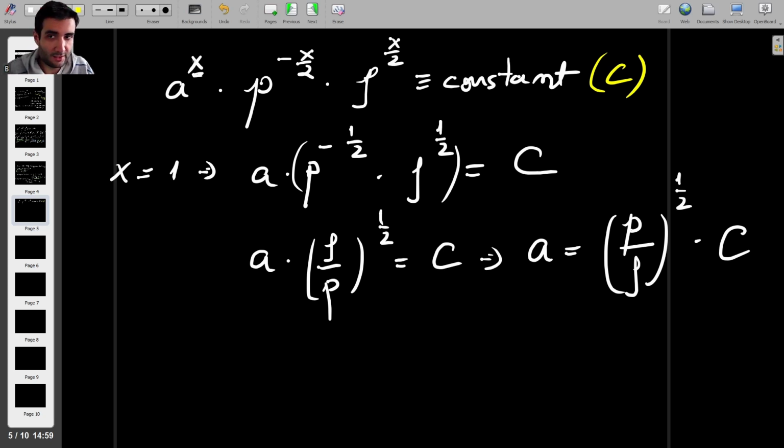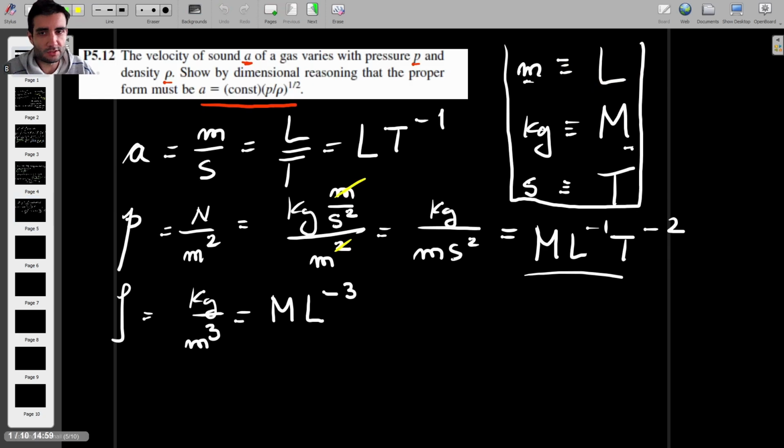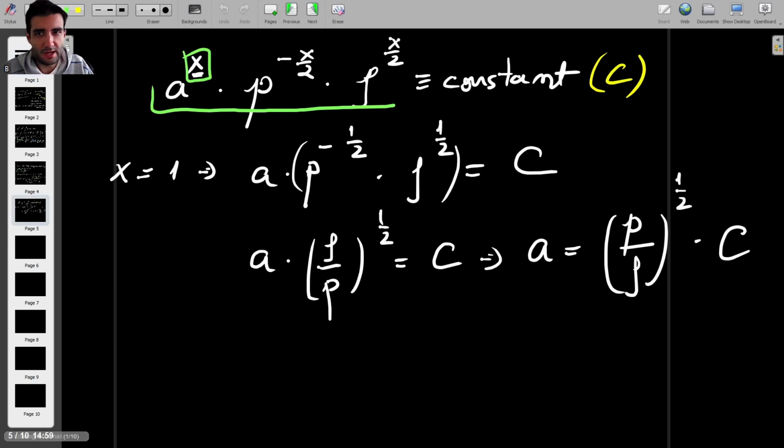Technically, your x can be anything, because if you make x 2 or 3 or 4 or 1.5, this quantity will still have no units. But the form of this equation that we're interested in is the one that looks like what they have here, which has a to the power 1. So we make the power of a 1, which means we make x 1.